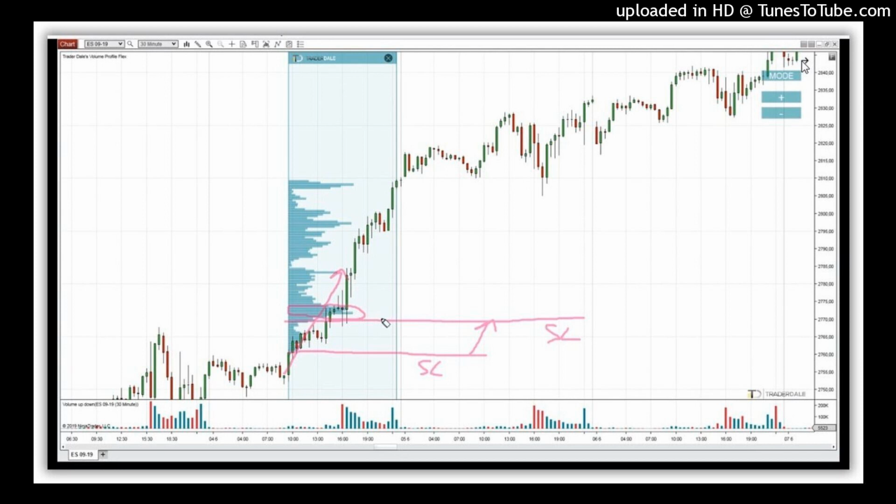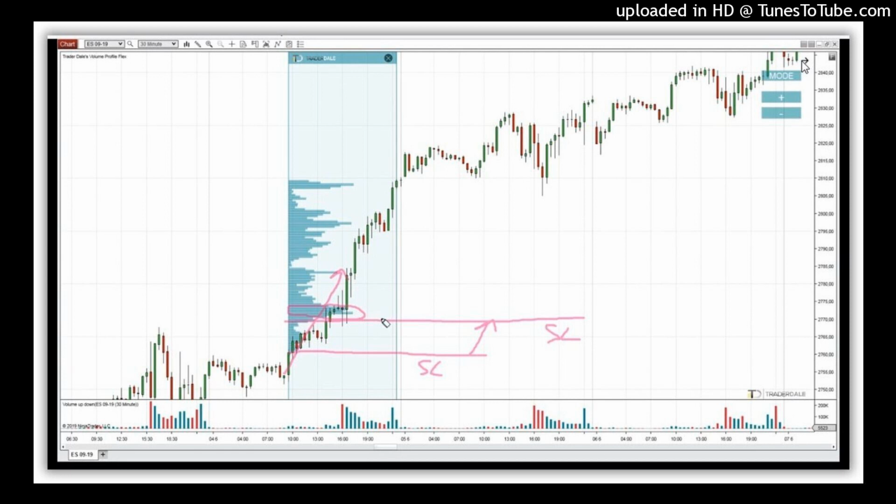And you definitely don't want to go against this volume cluster. So if you enter somewhere in here, you are in a long position, you see this heavy volume cluster, then this is where you want to take your profit, or a little bit below the volume cluster, a little bit before the price actually reaches it. All right, this is where you want to exit your position.